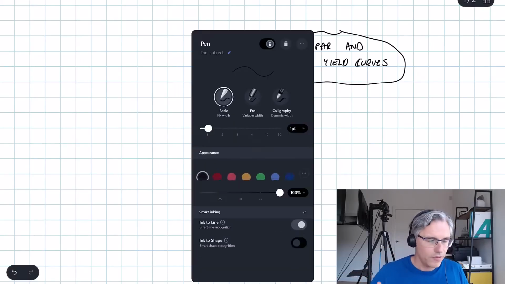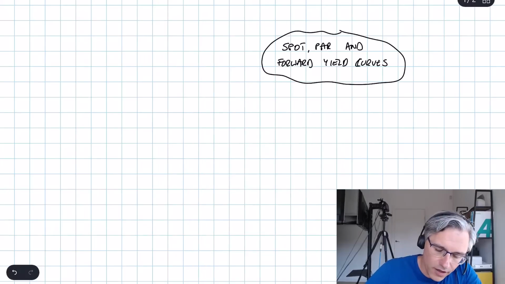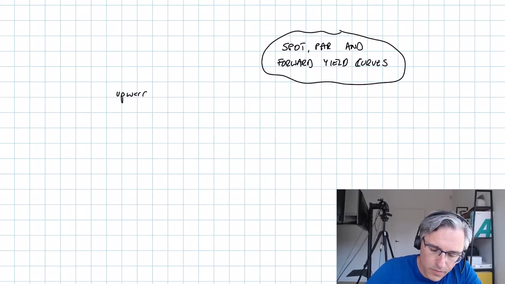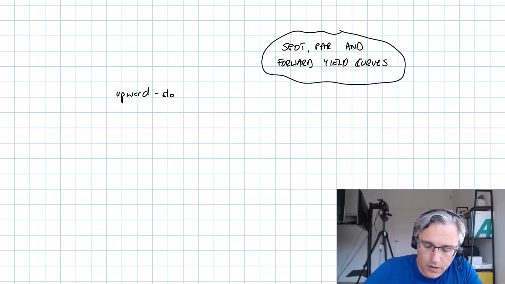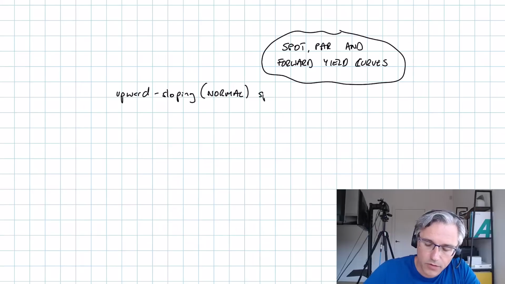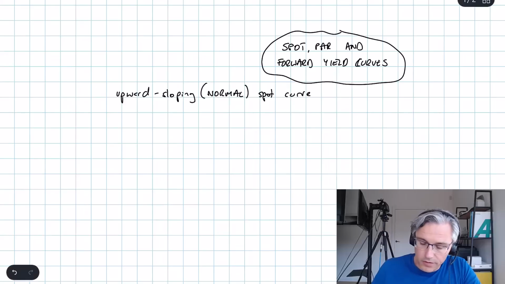Now, let's, for a start, assume that we have an upward sloping, meaning what is referred to as a normal spot rate curve, or spot curve or yield curve.